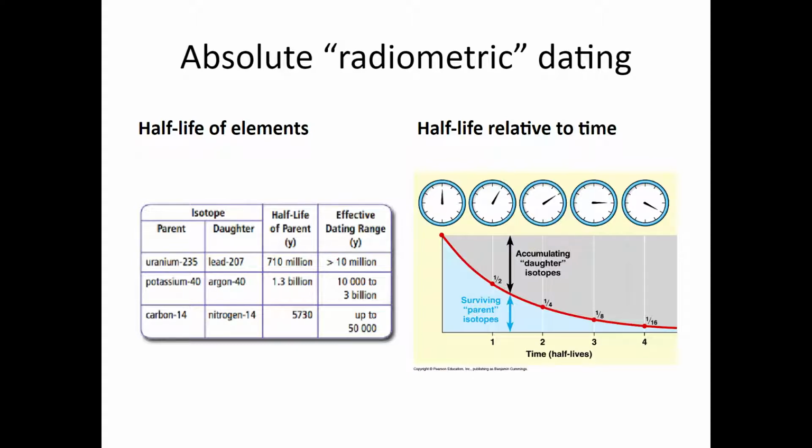And so then you can look at the amount of carbon-14 left in an organism and tell how old that organism is based on that. That's just one example. You can see there on the left, there's some other examples: uranium, potassium, depending on how far back you want to go.